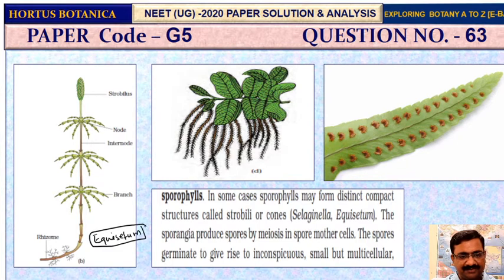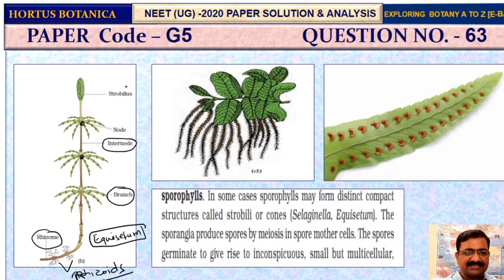As I told you, in Equisetum, this is the stem, and these are the rhizoids. See, these are the branches. Nodes are there, and between two nodes there will be internodes. And see how the sporophylls are compactly arranged in this structure, and this is called a strobilus.